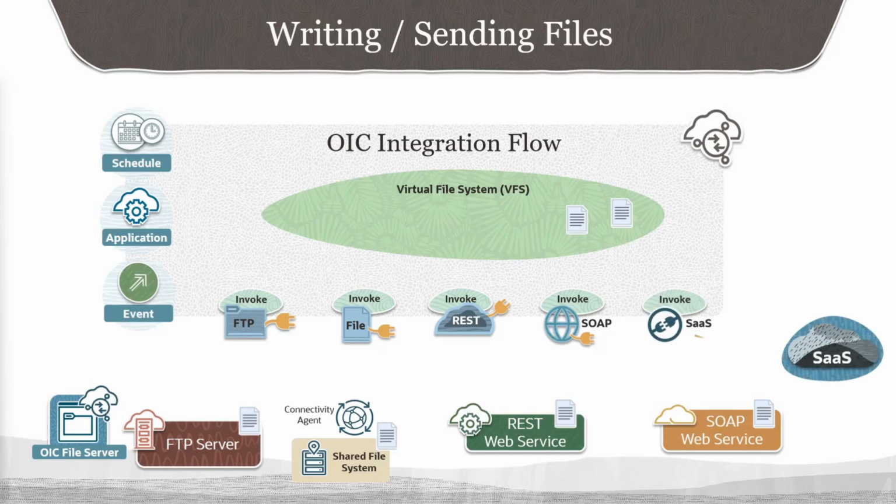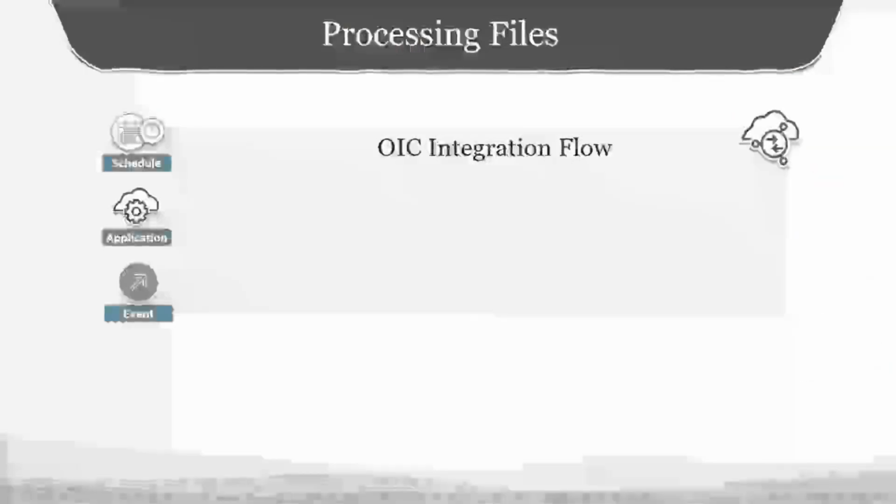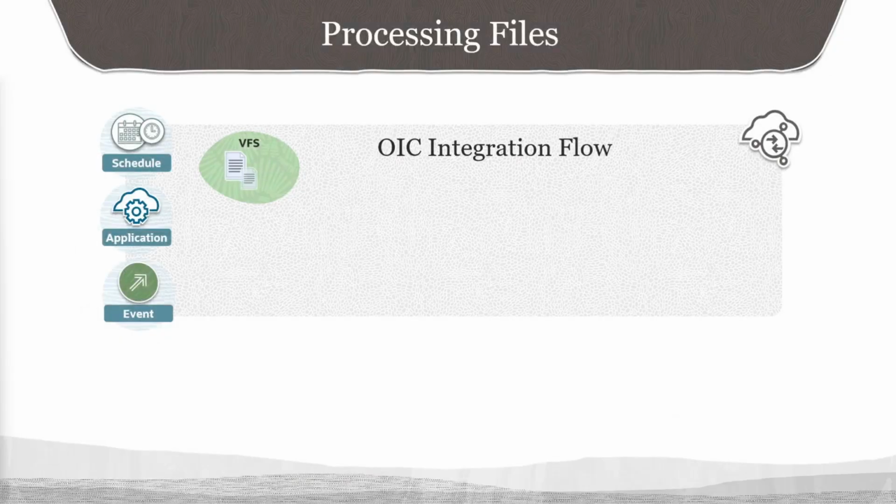Again, certain applications can receive file attachments when invoked, such as Oracle Taleo Enterprise Cloud receiving a resume or a candidate picture. Another use case is to send the file to be stored in an OCI object storage bucket using the object storage action.